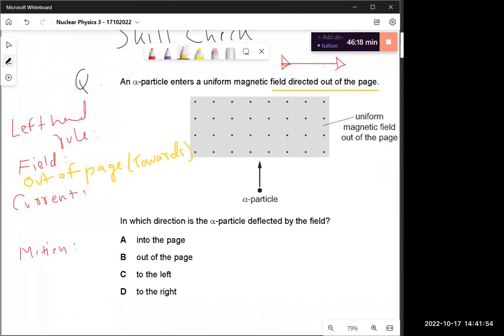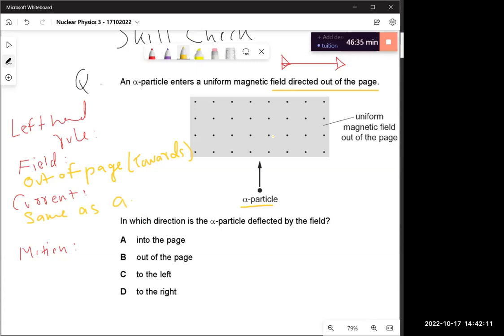For the alpha particle, the current is going to be the same as alpha.